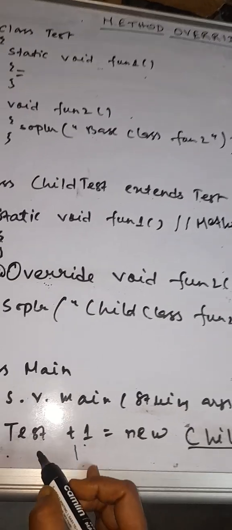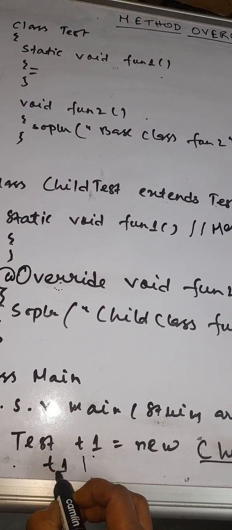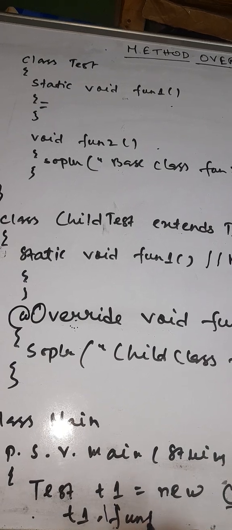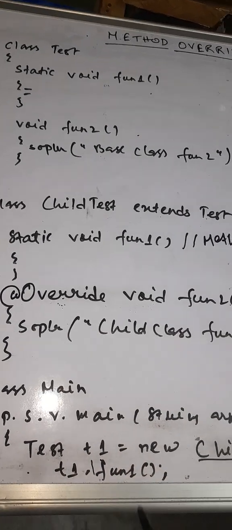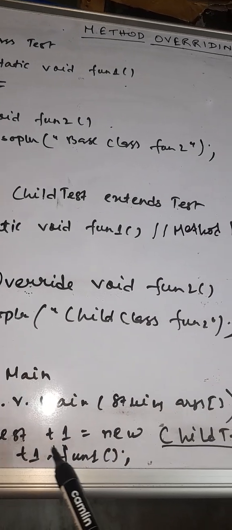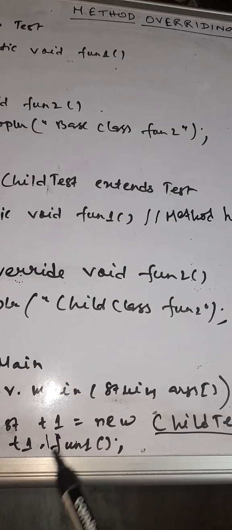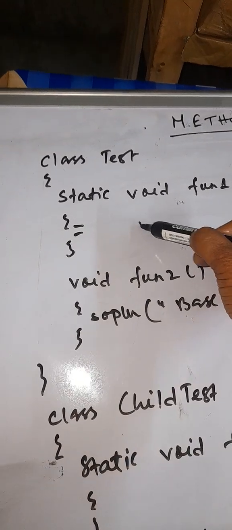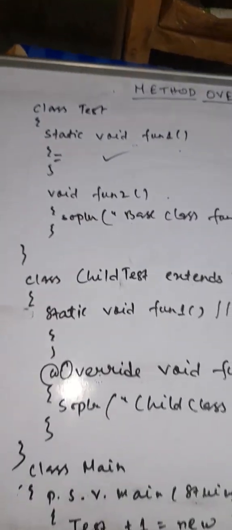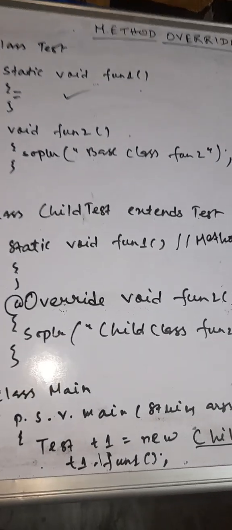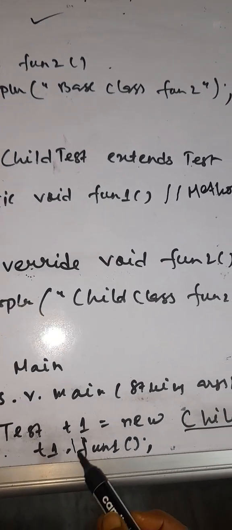Now if you want to call t1.fun1, which fun1 will be called? This is the reference which refers to the child class object. If you call t1.fun1, this will call your base class static method. Clear? So this will not generate an error.